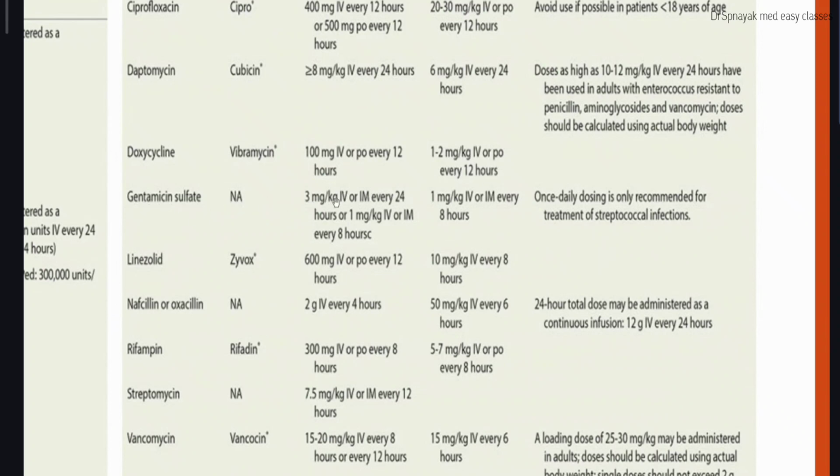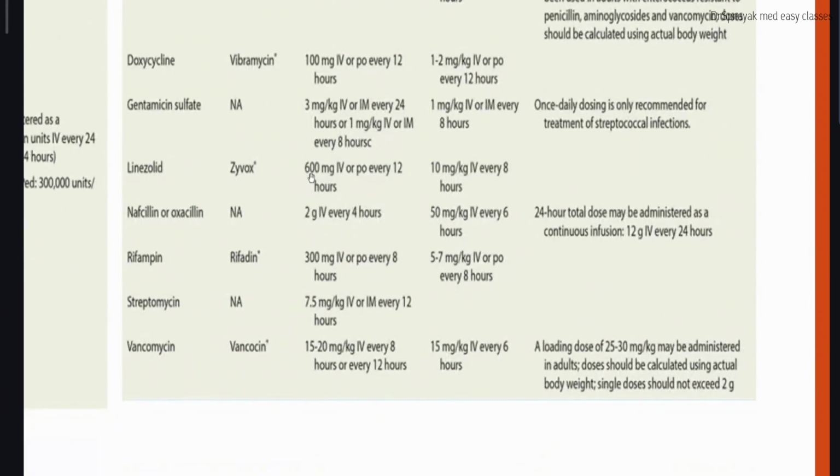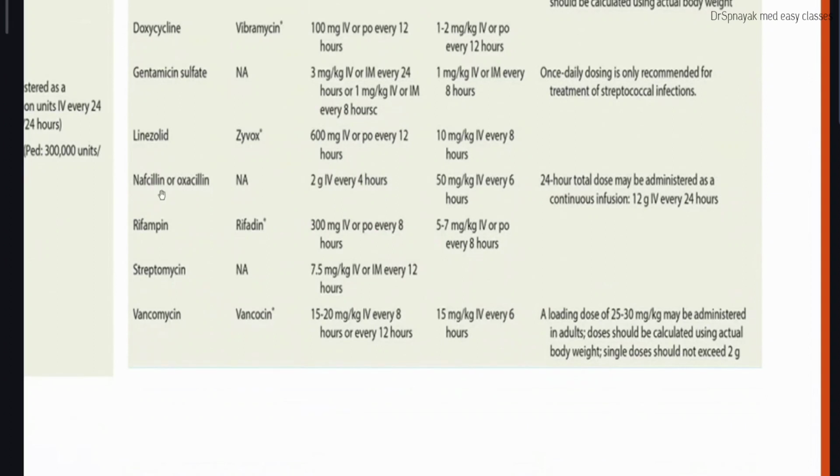Gentamicin sulfate is 3 mg per kg IV or IM every 24 hours or 1 mg per kg IV or IM every 8 hours. Then pediatric dose is 1 mg per kg IV or IM every 8 hours. Linezolid 600 mg IV or per oral every 12 hours, and for pediatrics 10 mg per kg IV every 8 hours. Nafcillin or oxacillin 2 gram IV every 4 hours and 50 mg per kg IV every 6 hours in pediatrics.